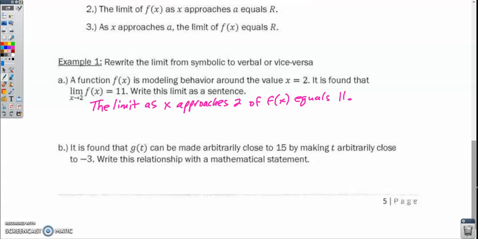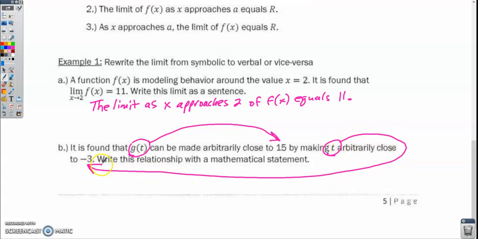close to 15 by making t arbitrarily close to -3. Write this relationship with a mathematical statement. So what we have here is g of t getting closer to 15, while t is getting closer to -3. So what we're talking about here is the limit as the variable approaches a value, and we're told that t is getting arbitrarily close to -3.